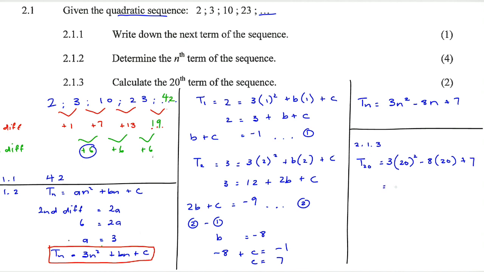And this is equal to 3 times 20 squared, which is 400, minus 8 times 20 is 160, plus 7, that's equal to 1200 minus 160 plus 7, and that's equal to 1047. So the 20th term is 1047.